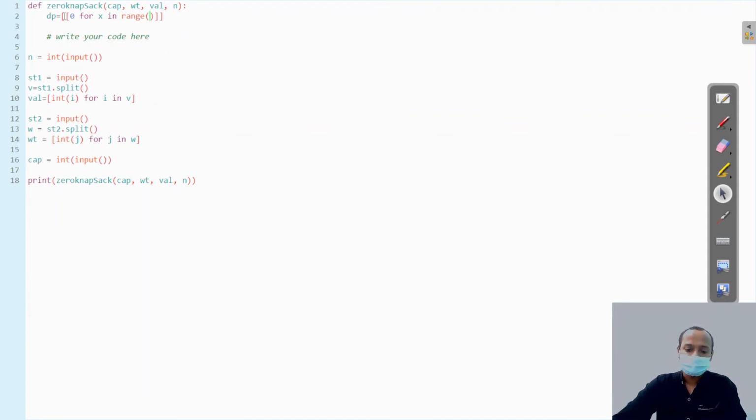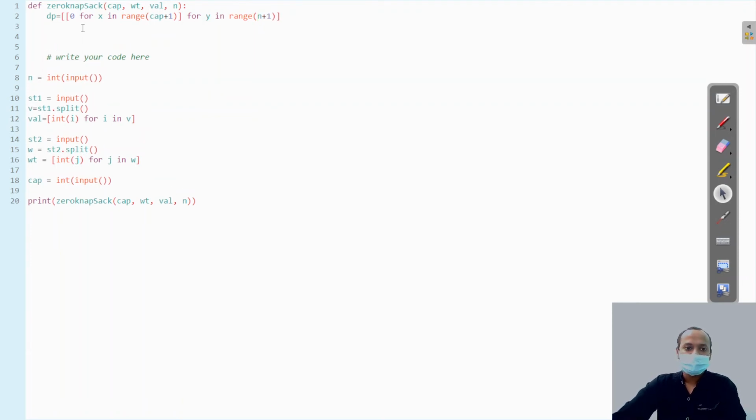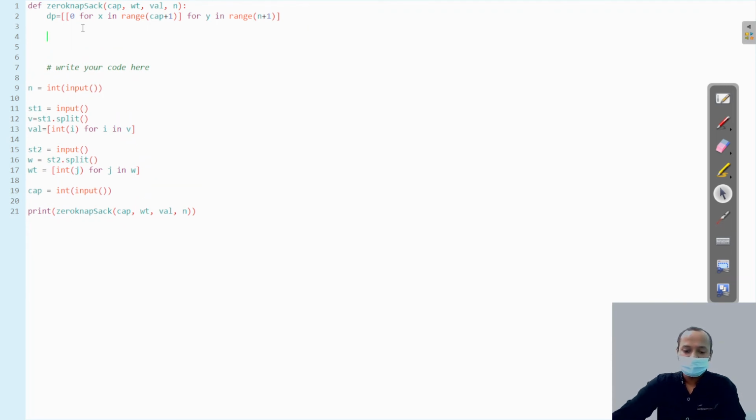First is capacity plus 1. Okay, so this is our column. All right, now this is for our row. In row, so for y in range n plus 1. This is our row. Okay, now we run the loop.